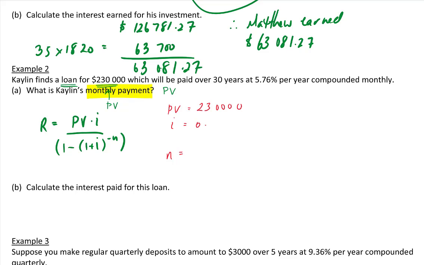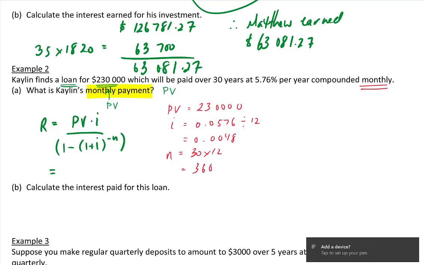The interest rate is 0.0576, and we want to convert it to monthly. And this gives us 0.0048. That is our monthly rate. And at 30 years times 12, this tells us there are 360 payments to be made.